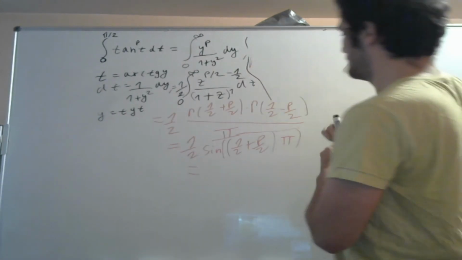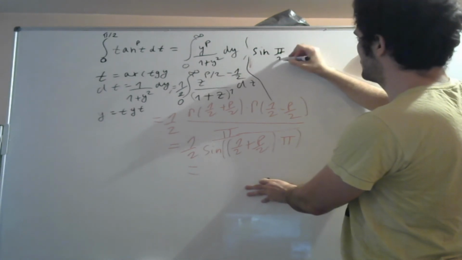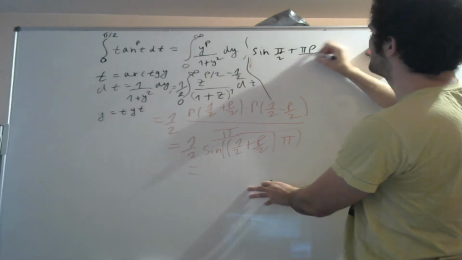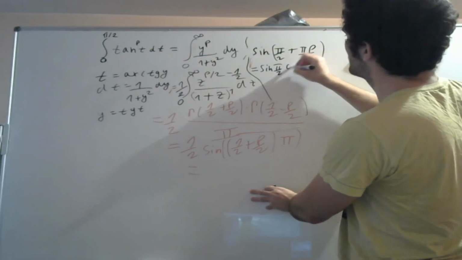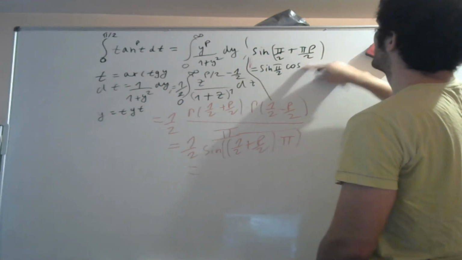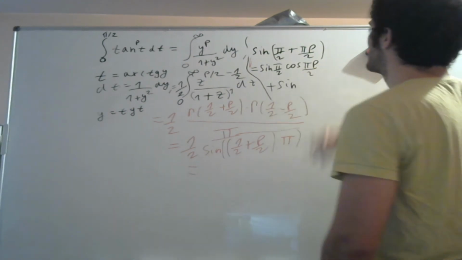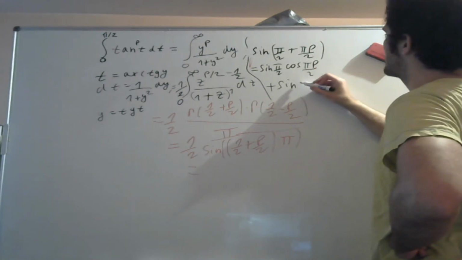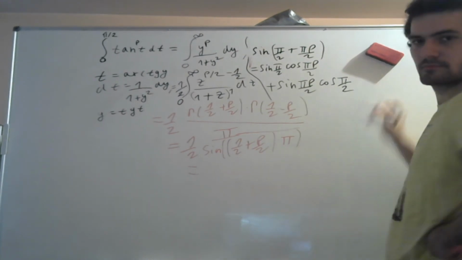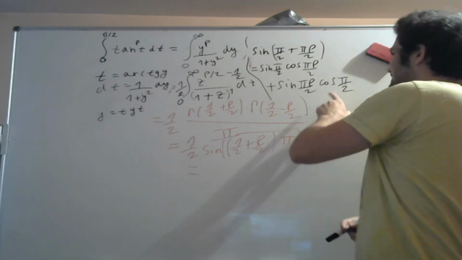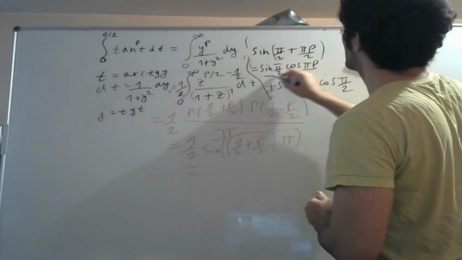It will be sine of pi over 2 plus p pi over 2, which is sine of pi over 2 times cosine of p pi over 2 plus sine of p pi over 2 times cosine of pi over 2. What happens now is that this is 0 because cosine of pi over 2 is 0. So we will have just this one.